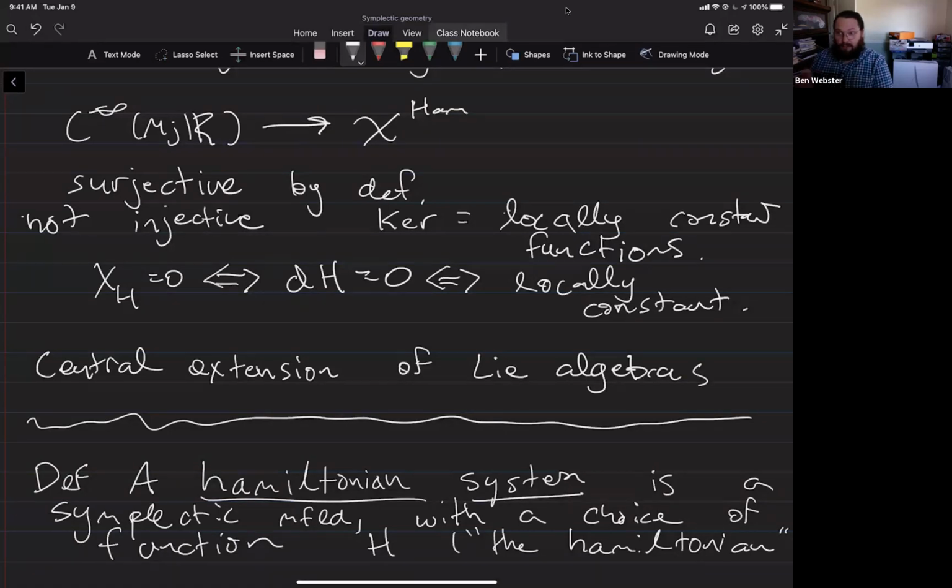So it's central. It has trivial bracket with all other elements of the Lie algebra. So this is an interesting example of a central extension of Lie algebras. If you like to think about Lie algebras, and if not, then you can just ignore me for now, and we'll talk more about this later.